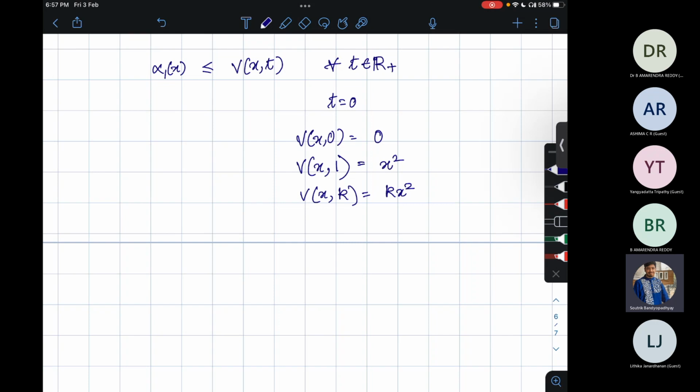Do you want the answer? The answer is 0. Every function for every time instant t is always greater than or equal to 0. And now this function 0 is also a function, right?